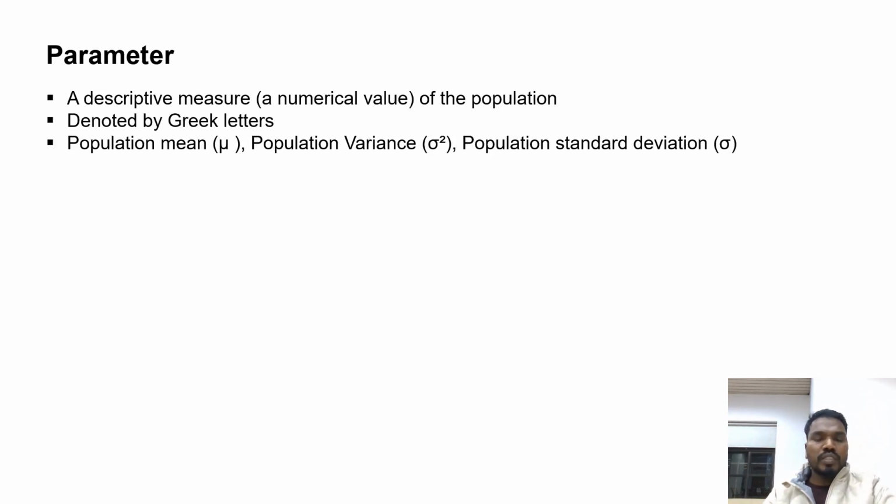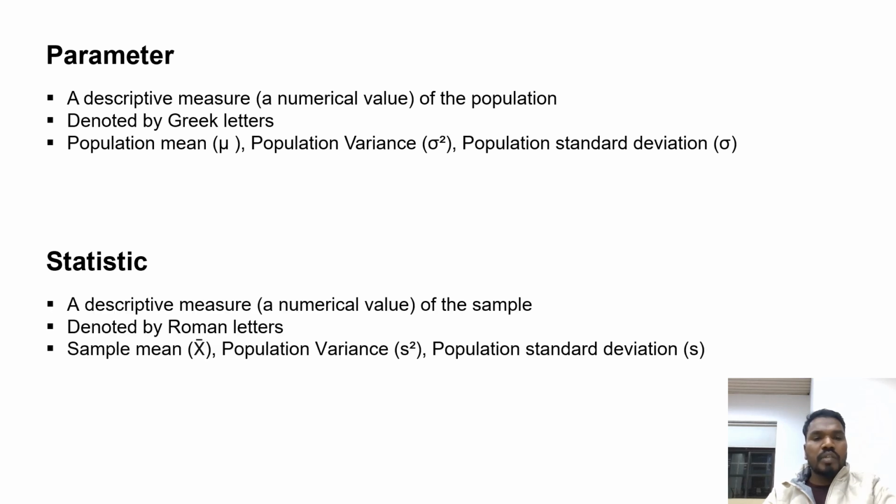And then next, when you move to the end of this session on this chapter, you will understand that there are two things: one is a parameter, the other is a statistic, right? Statistics is the subject, and a statistic is a part of that.